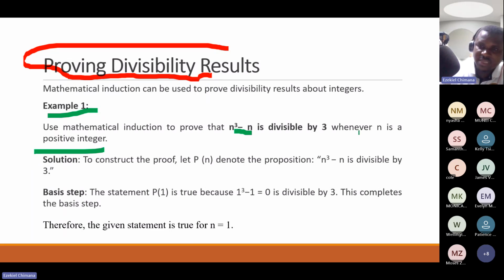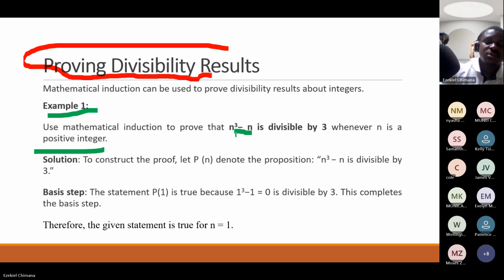Take note of this, guys. This statement is very, very important. It's saying use mathematical induction to prove that n cubed minus n is divisible by 3 whenever n is a positive integer. So on the basis step, or on the first step, do not take negative integers and try to plug them in.